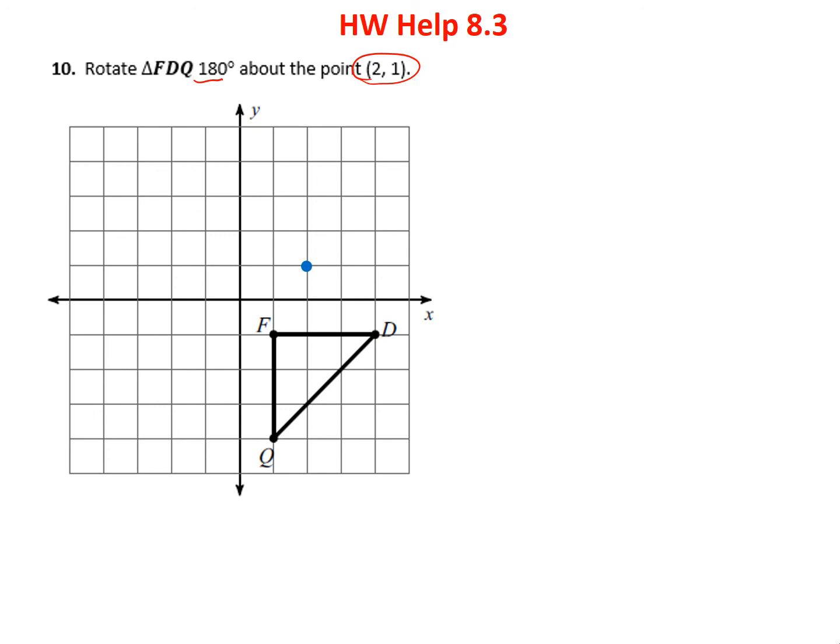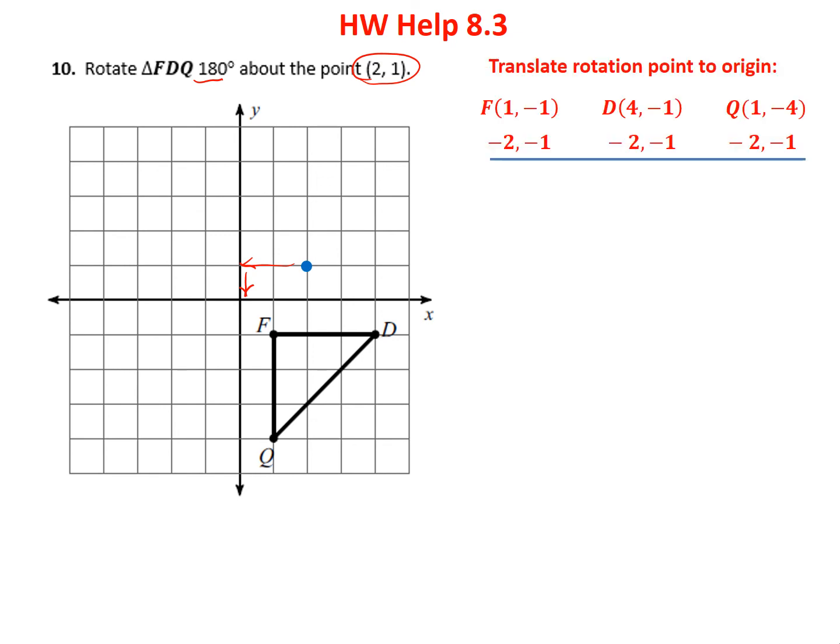So to get to the origin, notice that I go back 2 and down 1. So the first thing I want to do is take my point here and move it left 2 and down 1. So the x is minus 2, the y is minus 1, and all I'm doing is adding these points together. So 1 and minus 2 is minus 1, minus 4 minus 1 is minus 5.